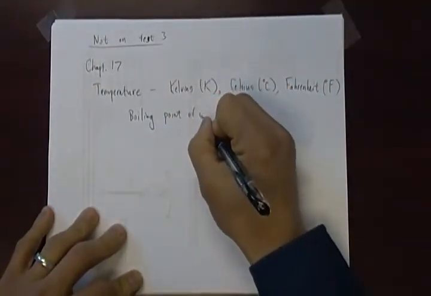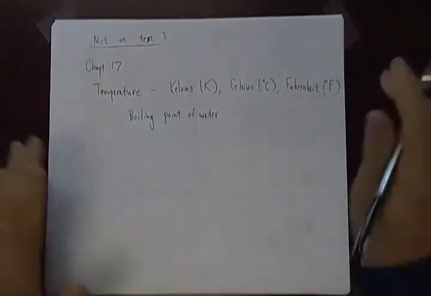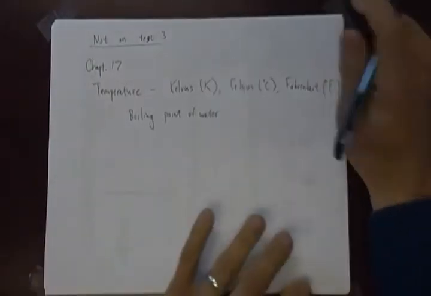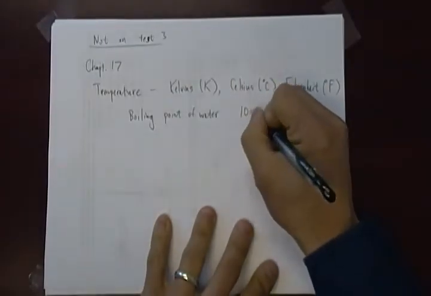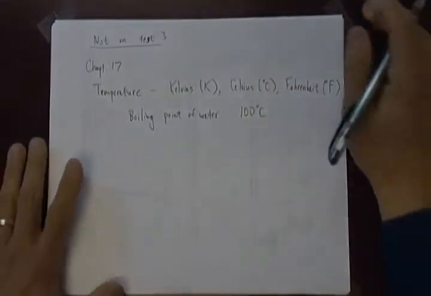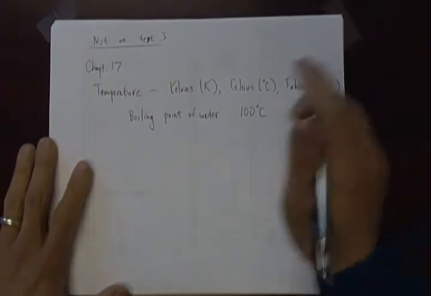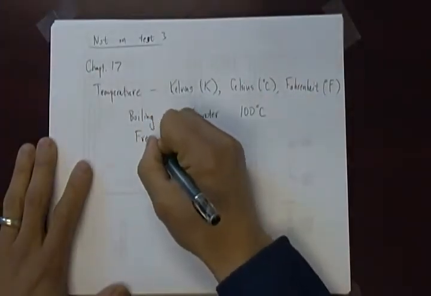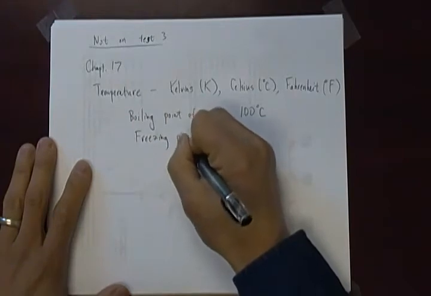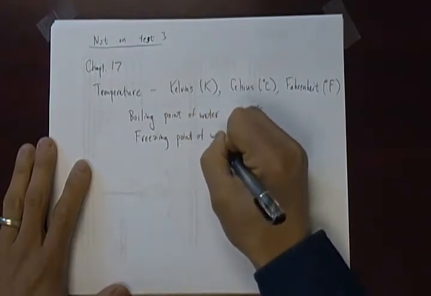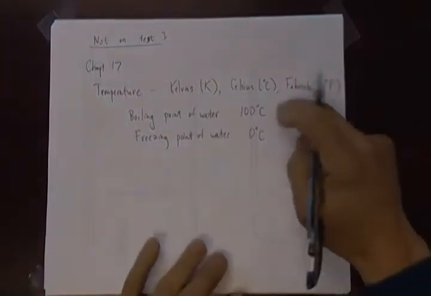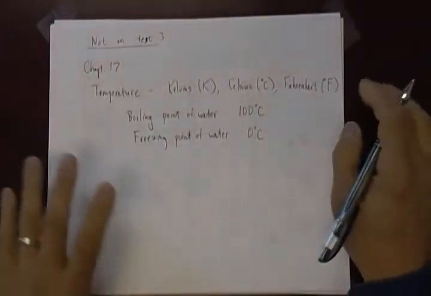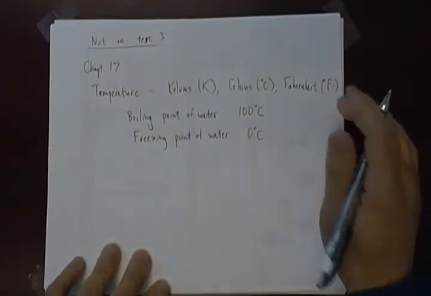At a certain standard pressure, the boiling point is 100 degrees Celsius. And how about the freezing point of water? That is 0 degrees Celsius. So that's what makes Celsius convenient, to have these nice numbers for freezing and boiling of water.